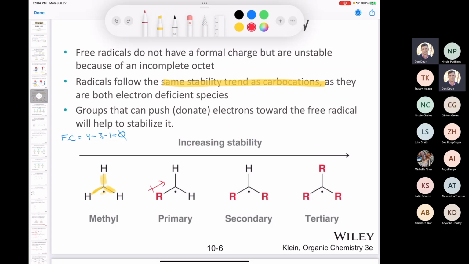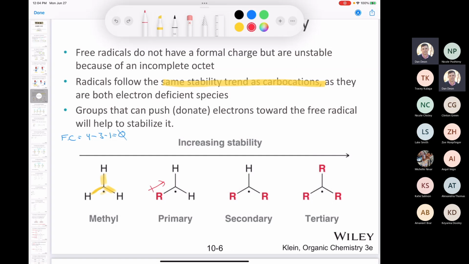If you remember, going all the way back to chapter 6, so this is a few weeks ago, we looked at enthalpies of reactions, delta H for a reaction, and we looked at calculating delta H for a reaction using bond dissociation energies. Well, those bond dissociation energies that we looked at in the tables, and we're going to look at some more today, represent the homolytic cleavage of bonds.